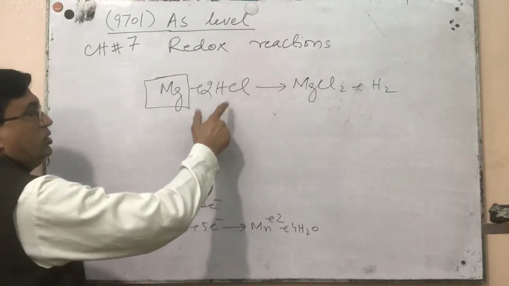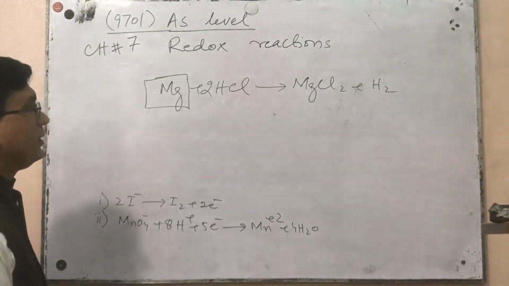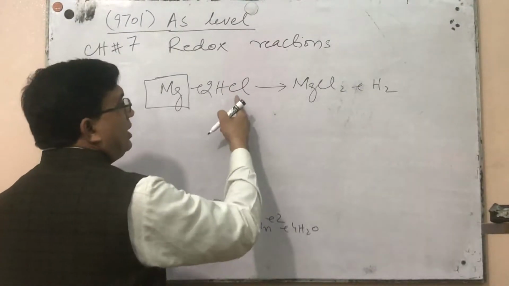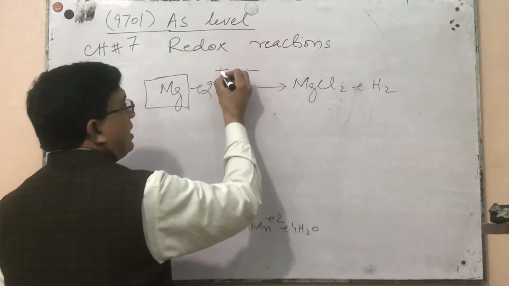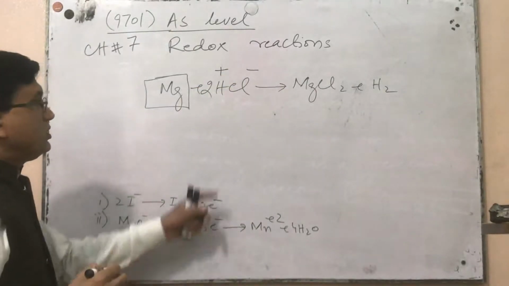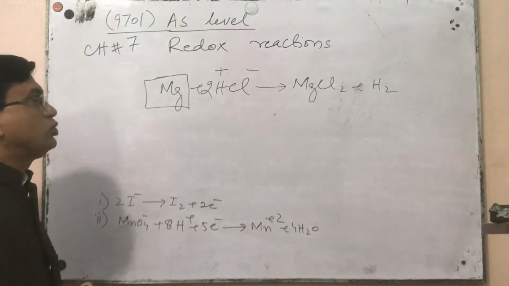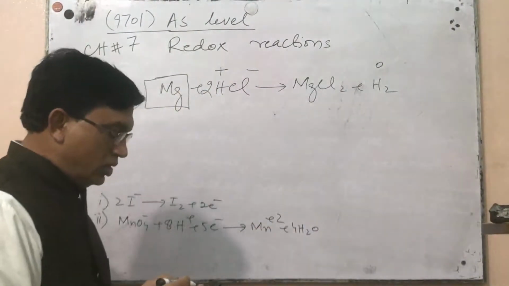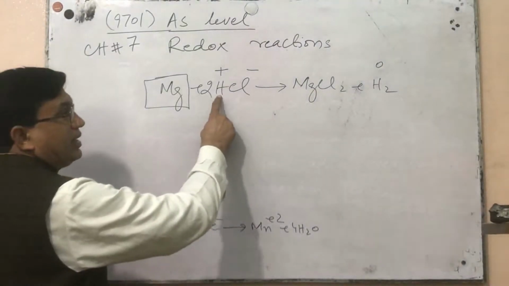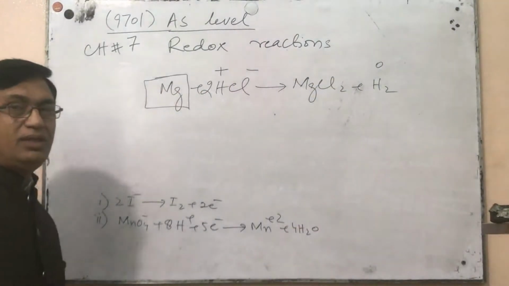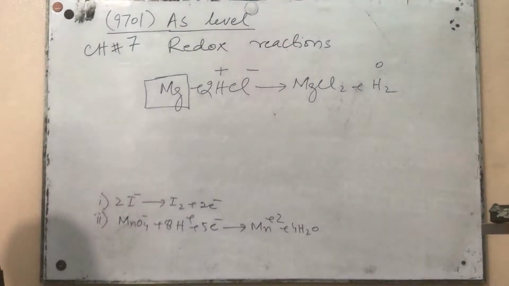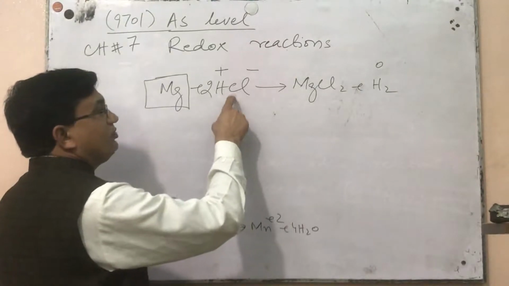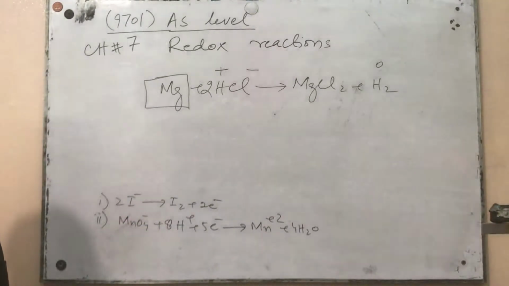Now, in this reaction, on the basis of previous knowledge, in HCl this is minus and this is plus. The oxidation state of hydrogen in this compound is +1, but here the oxidation state of hydrogen is 0. It means that oxidation state is decreasing, meaning reduction is taking place. If reduction is taking place, then this will be called the oxidizing agent.